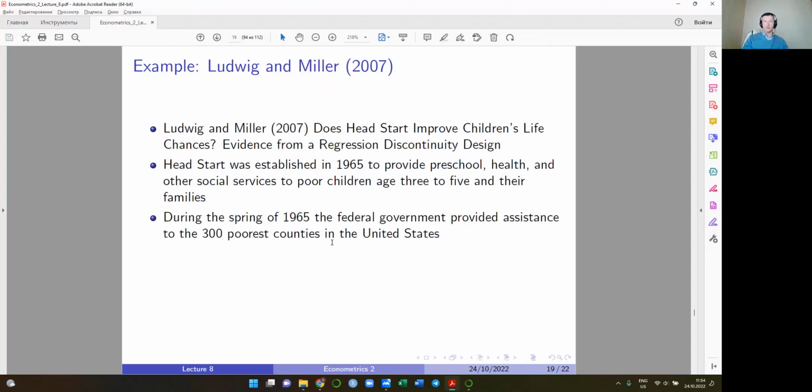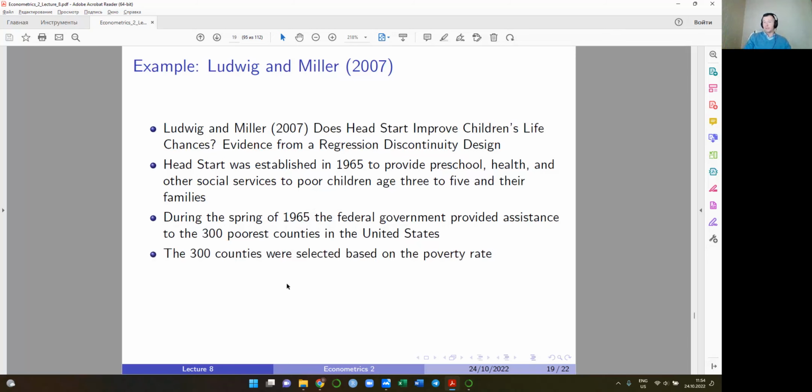The idea of this program was the following. In the spring of 1965, the federal government in the United States chose the 300 poorest counties in the United States, so small municipalities. 300 poorest, which means that we need to select 300 counties based on some variable. And there is going to be a threshold that divides the 300 poorest from the rest of the counties.